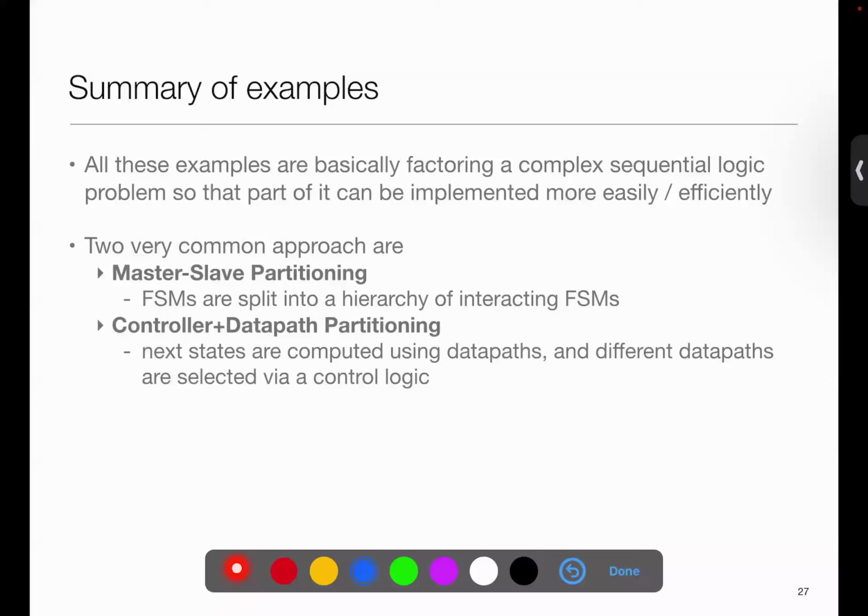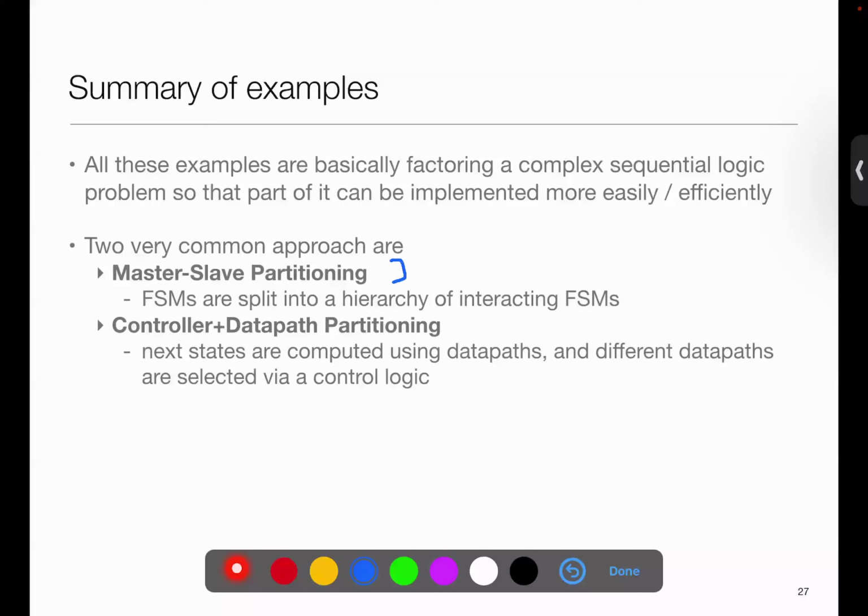There are a variety of ways we can partition sequential systems into simpler things. There is another approach which is often used, by analogy with software, master slave or client server, right? What we do is we factor out part of our functionality into one sequential system, and the other sequential system hands jobs to it, or controls it, as a superior.